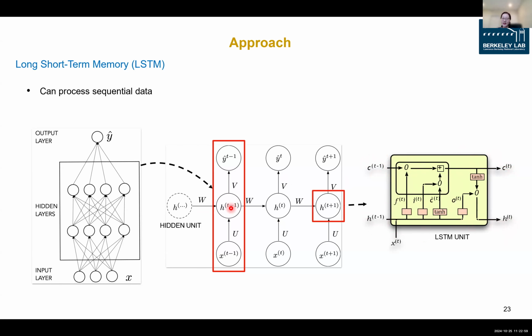At the same time, the input features are taken at each time step along with the hidden state calculated from the previous time step to give output at each time step and then propagate to the next time step. That's fundamentally how long short-term memory can process data and consider a history of variable length.